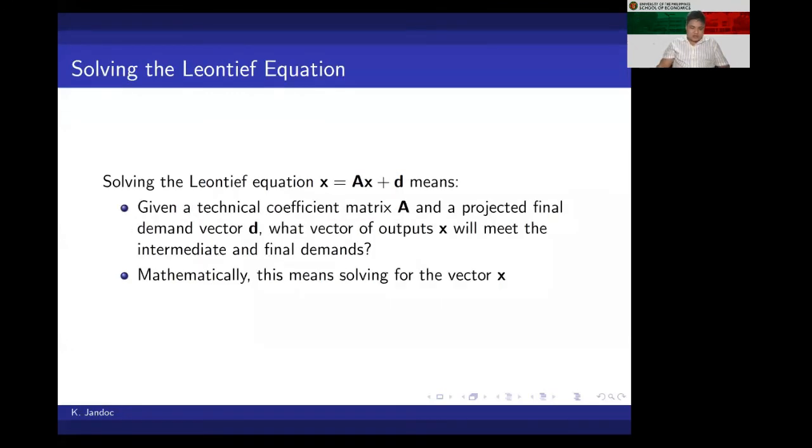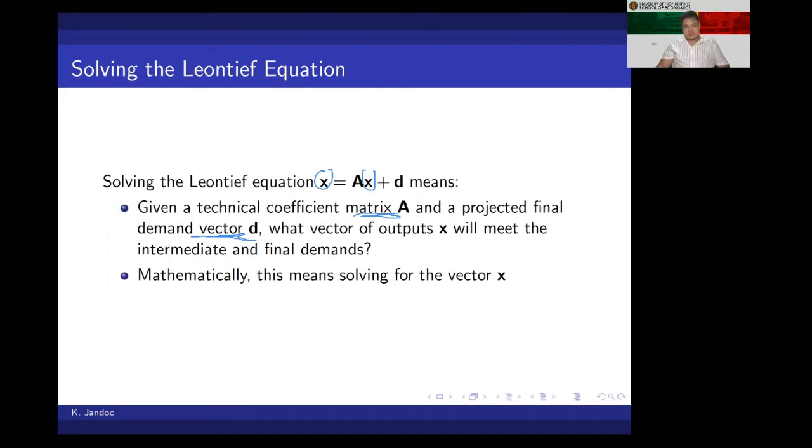Okay, so solving the Leontief equation, x equals Ax plus d, means that if we have a technical coefficient matrix A, and the vector of final demands D, what is the level of x that would satisfy both intermediate and final demands?